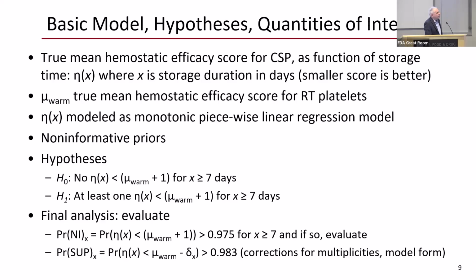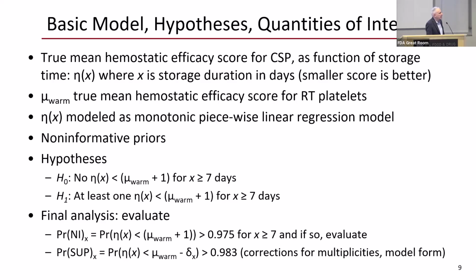The underlying inferential model assumes that the mean hemostatic efficacy score for cold stored platelets is a function of the storage duration X, where, as I said earlier, a smaller score is better. We'll let mu sub warm be the true mean hemostatic efficacy score for room temperature platelets, which is a single number.